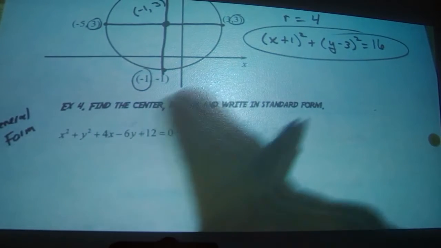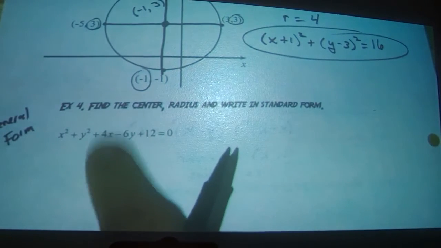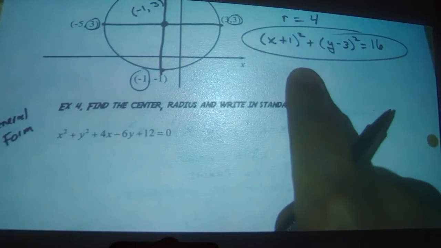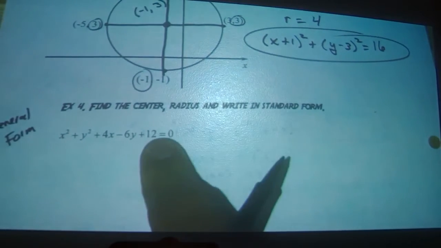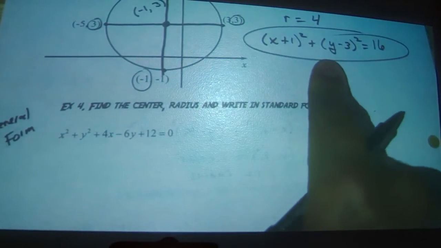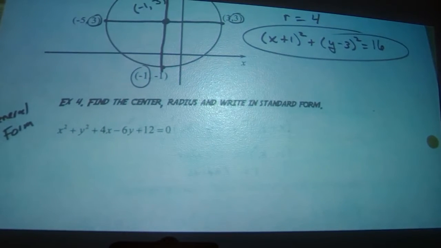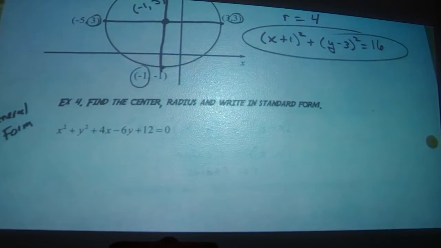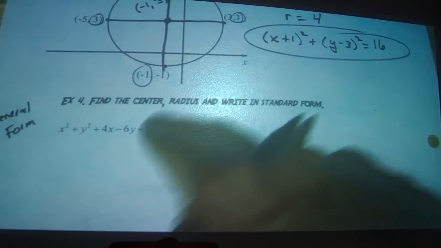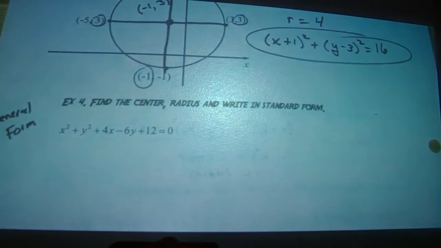So, in class, I would say, okay, how do you get this to look like this? How do you make this nasty thing look like this thing so that I can pick out my center and my radius? Any suggestions? Any ideas? How do I get this guy to look like this guy? And you all would say what?